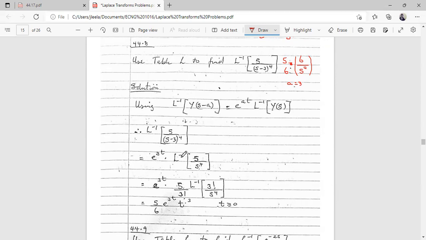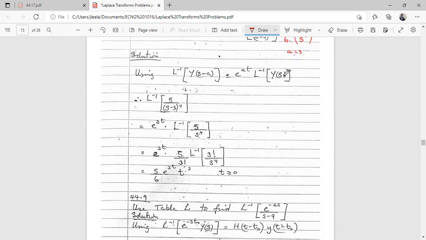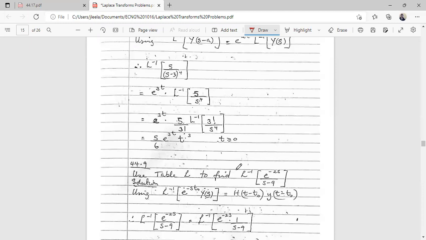Now you have to pull out your 5 on the outside and divide by 3 factorial, which is the same 6 here. And we know that this here is t cubed and 5 over 6. So you'll get 5 over 6 e to the 3t times t cubed for t greater than or equal to 0.